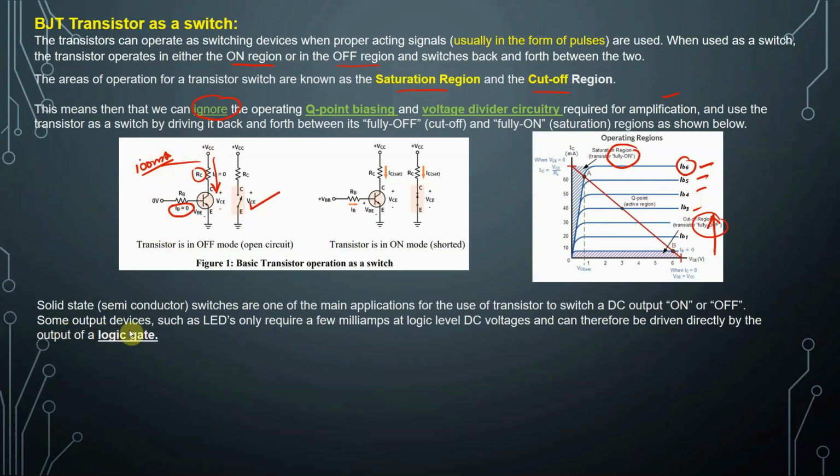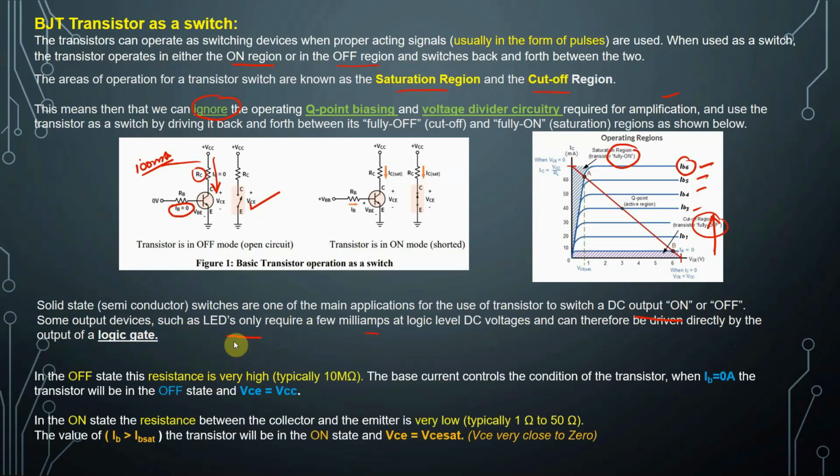Now, solid-state semiconductor switches are one of the main applications for the use of a transistor as a switch, giving DC output on or off. Some output devices such as LEDs only require a few milliamps as logic level DC voltage and can therefore be driven directly by the output of a logic gate, right?